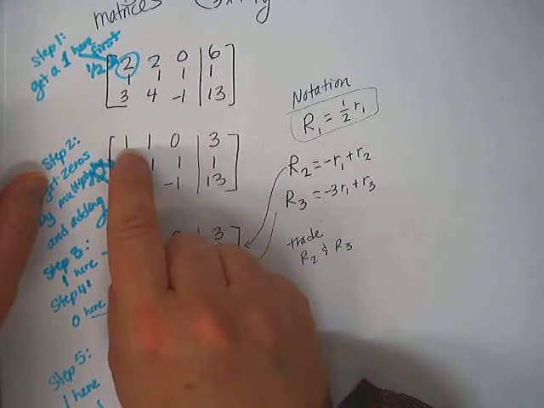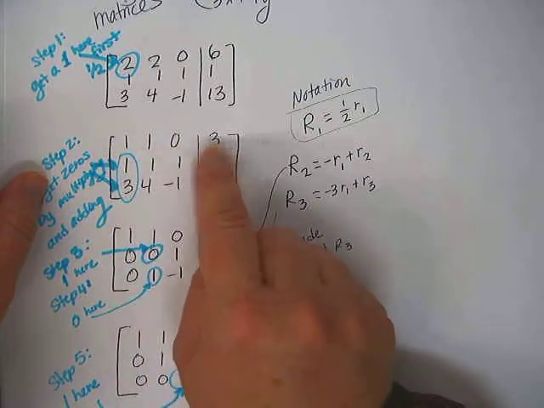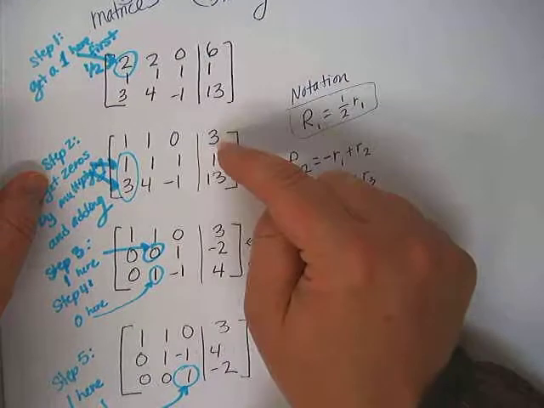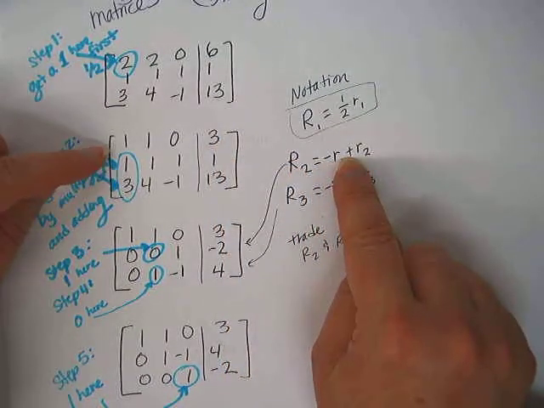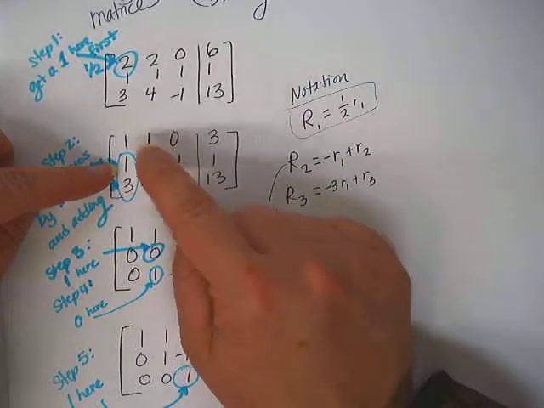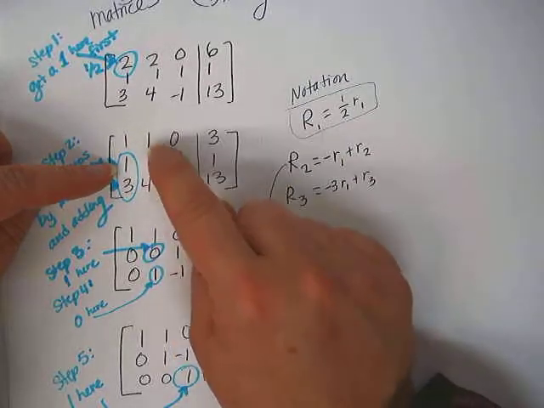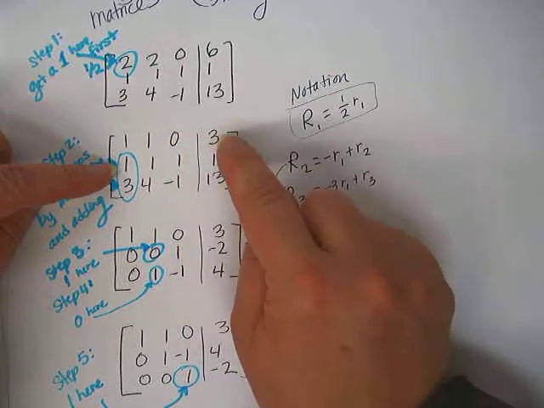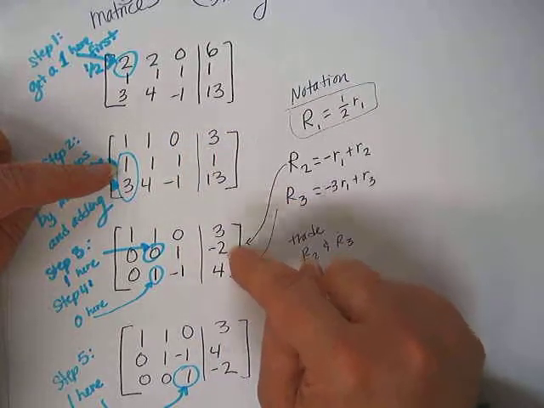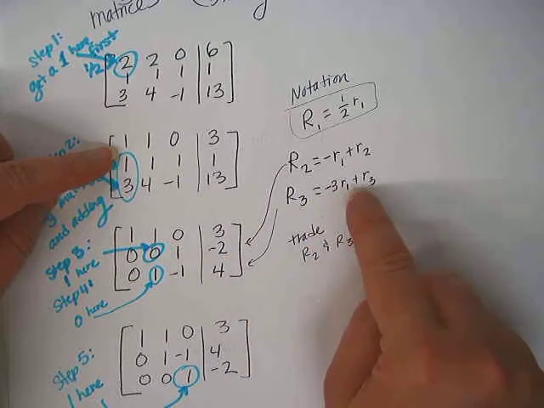Okay, next we want to get a 0 here and here. To do that, I begin by multiplying this row by a temporary -1 and adding it to that row. I've notated that here: row 1 times -1 plus row 2. So -1 plus 1 is 0, -1 plus 1 is 0, 0 plus 1 is 1, and -3 plus 1 is -2.